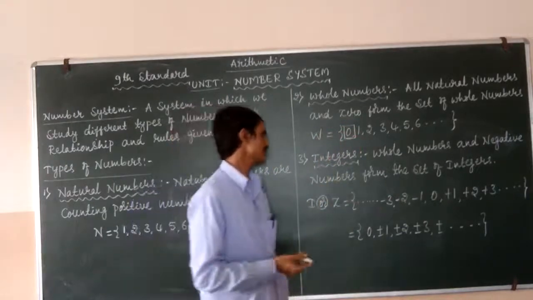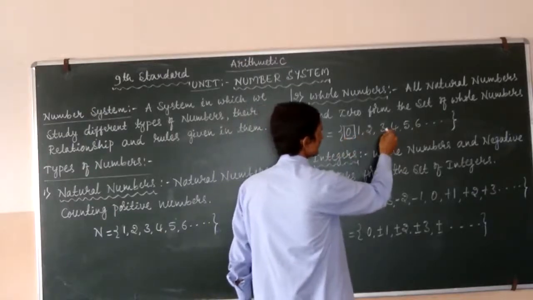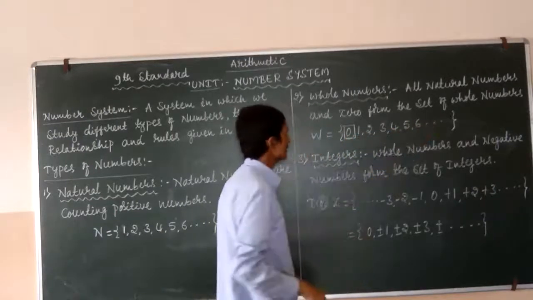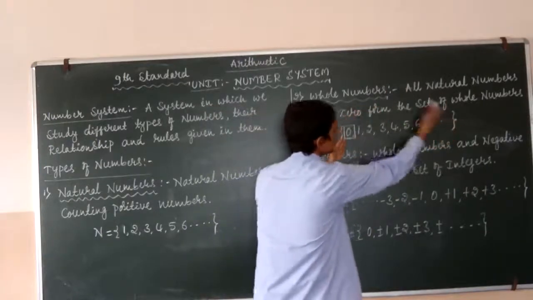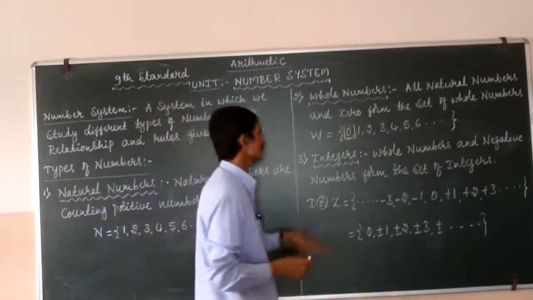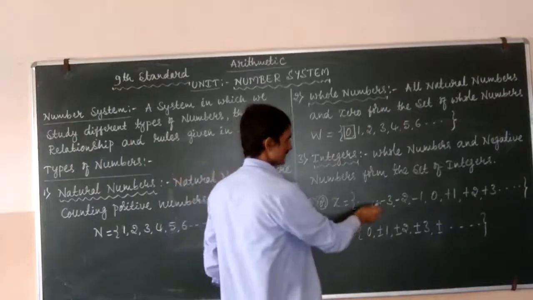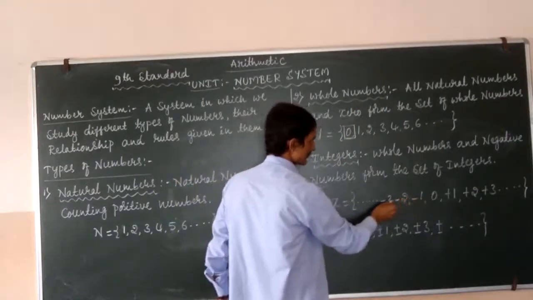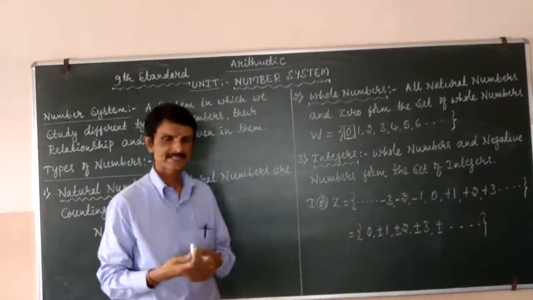That means 0, 1, 2, 3, 4, 5, 6, etc. are the numbers to the right side of 0. If we add negative numbers to the left side, that means minus 1, minus 2, minus 3, etc., we will get the set of integers.